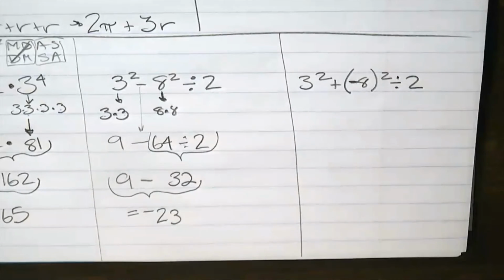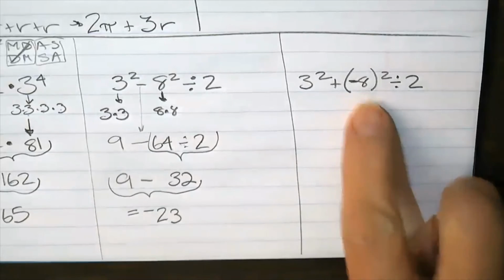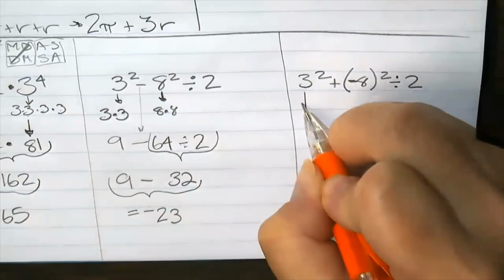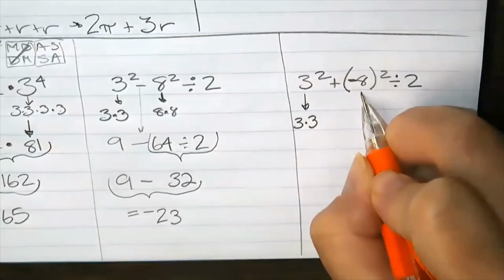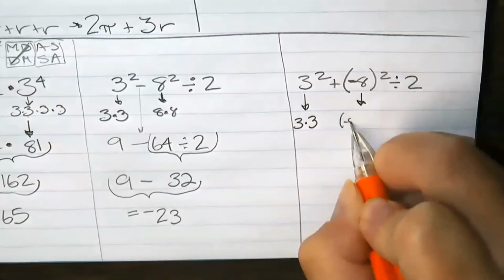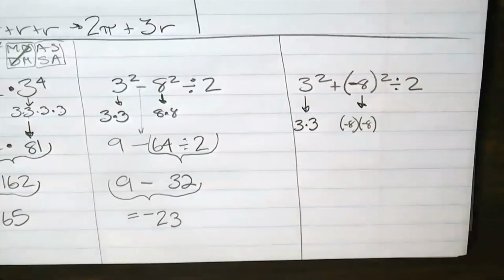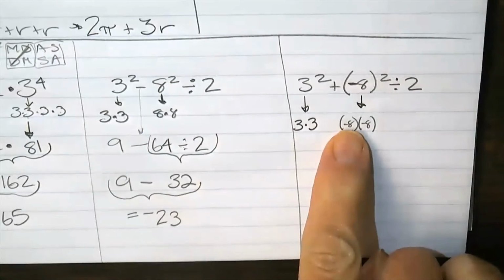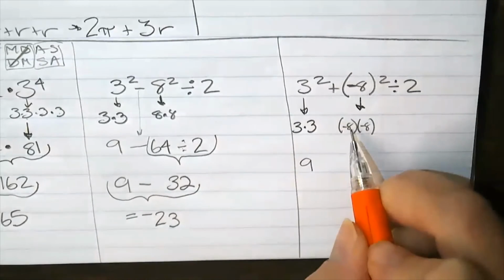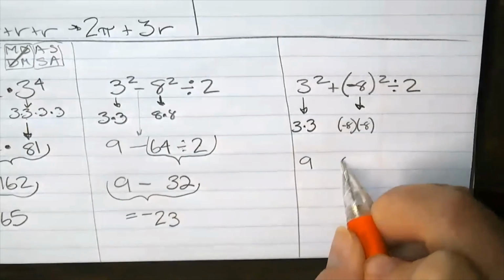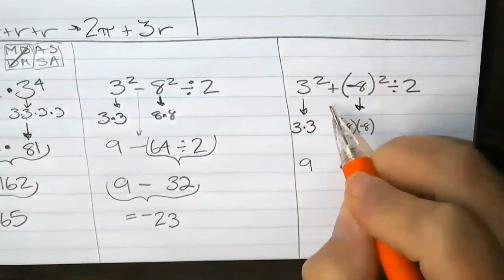Okay, now let's take a look at the difference here. This is still 3 times 3, but this is now negative 8 times negative 8. Do you see the difference? So 3 times 3 is 9. Negative 8 times negative 8 is positive 64.